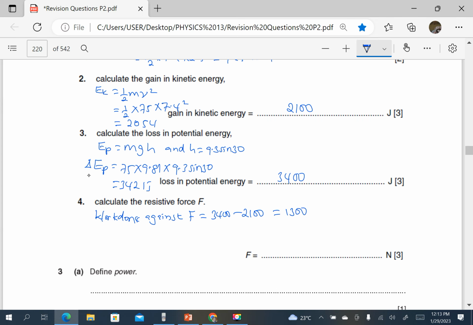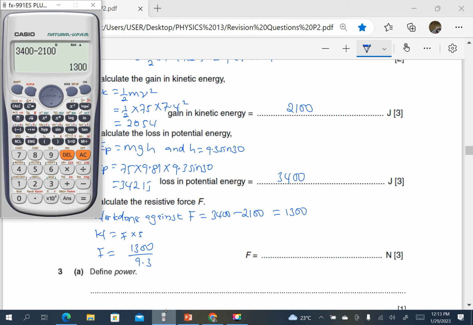Remember, work done is force times distance. So the resistive force F is going to be the work done divided by the distance, which is 9.3. So that is 1300 divided by 9.3, which is 130.